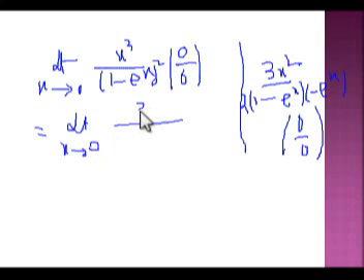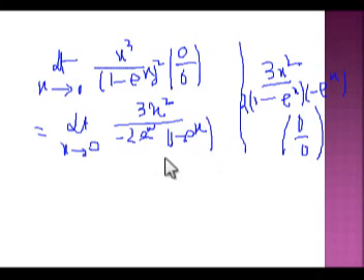This will be 3x square over minus 2 e to the power x and 1 minus e to the power x. Here again getting 0 by 0, then we have to do the differentiation again.